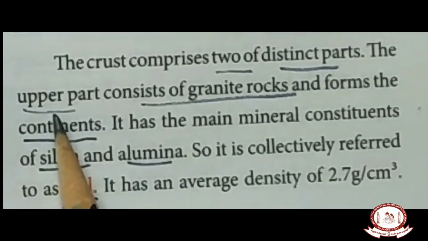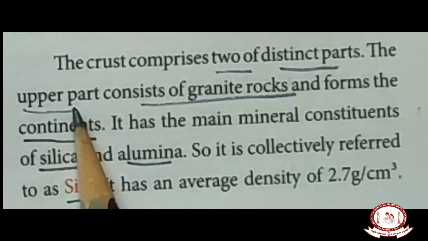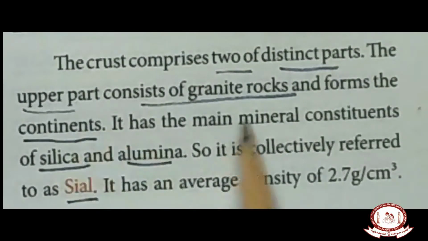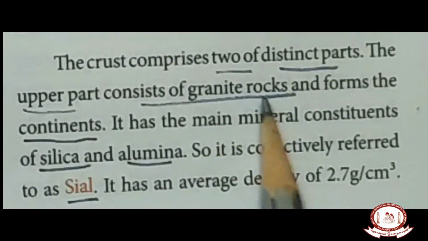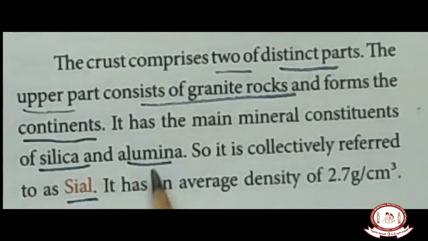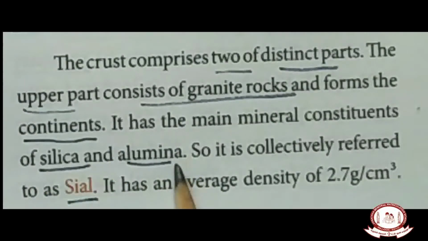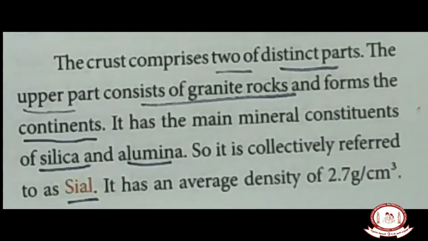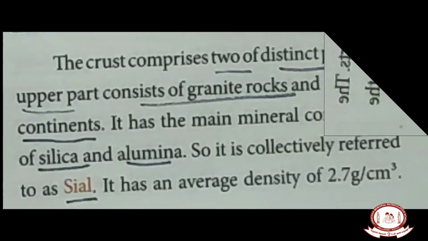So the crust comprises two distinct parts. The first part is the upper part. This upper part mainly consists of granite rocks. What is the constituent in that granite rock? Silica and alumina. Collectively, silica and alumina is said to be Sial. Understood, children?